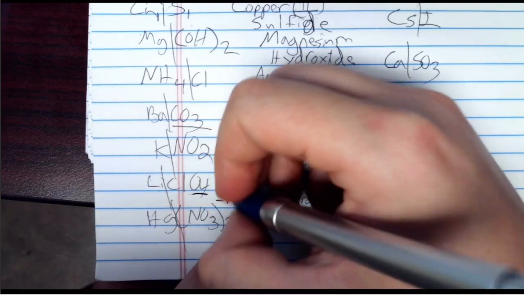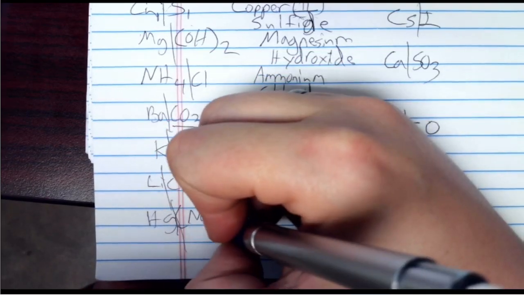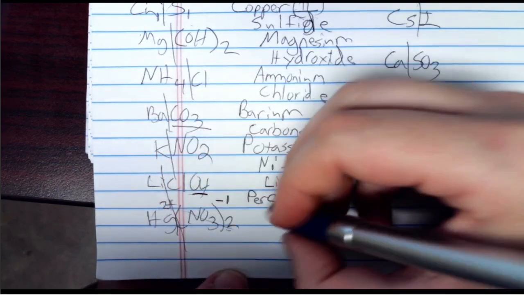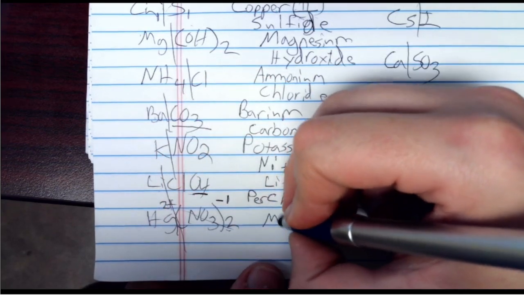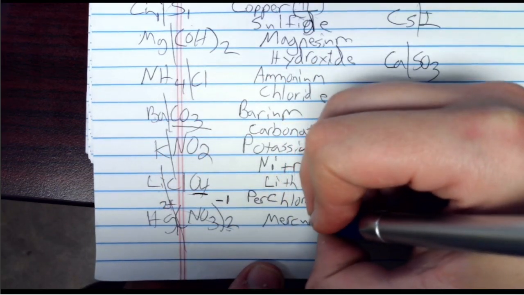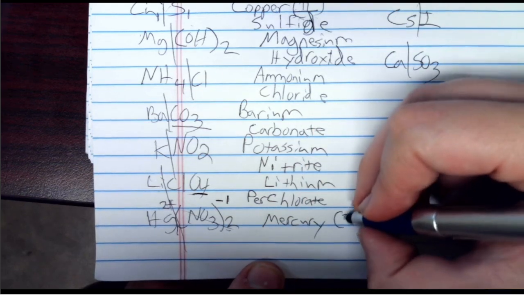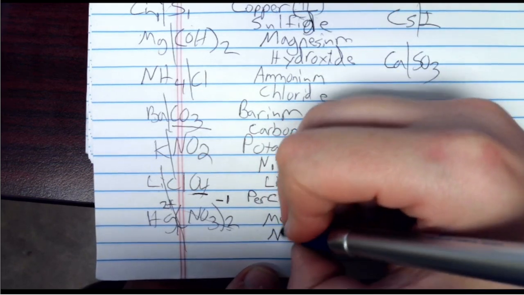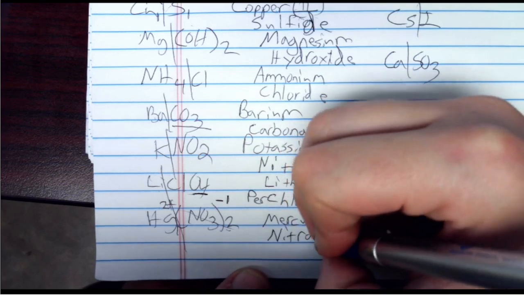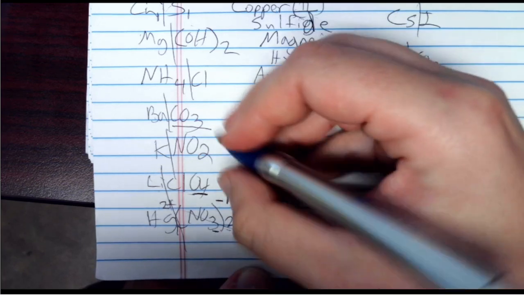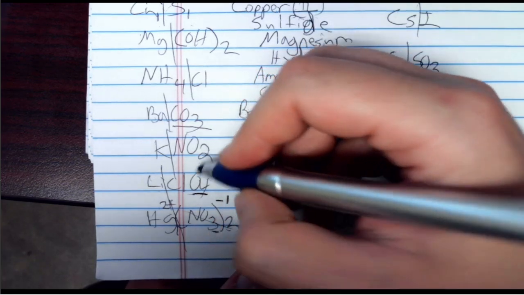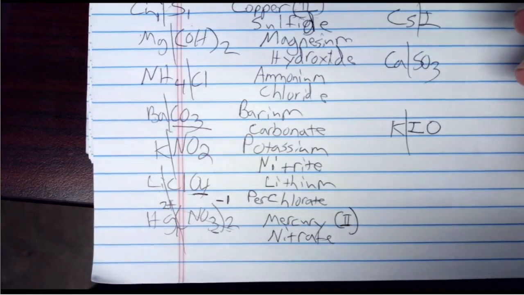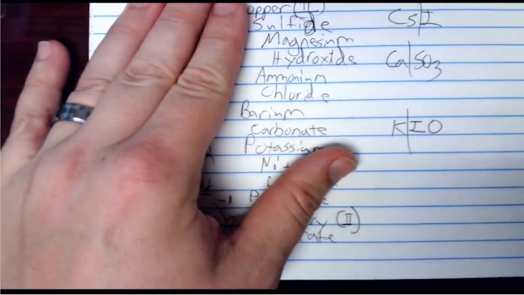There's 2 of them. So this means this is 2 plus. This Hg is mercury 2 nitrate. NO3, we have NO2 right here, nitrite. NO3 is nitrate, one above.